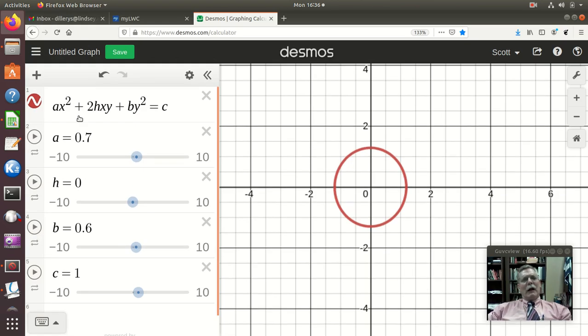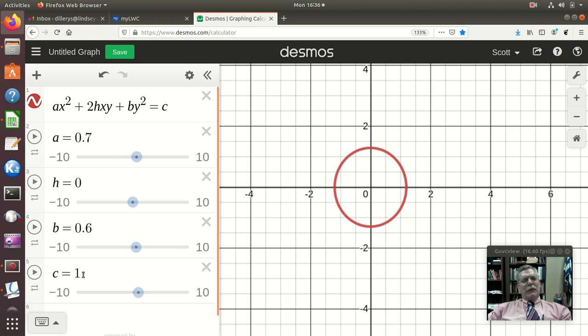If I plot ax squared plus 2hxy plus by squared equals c, and tell it to go ahead and fill in those parameters a, b, and c, it set them all to 1, but I messed with them a little bit here.